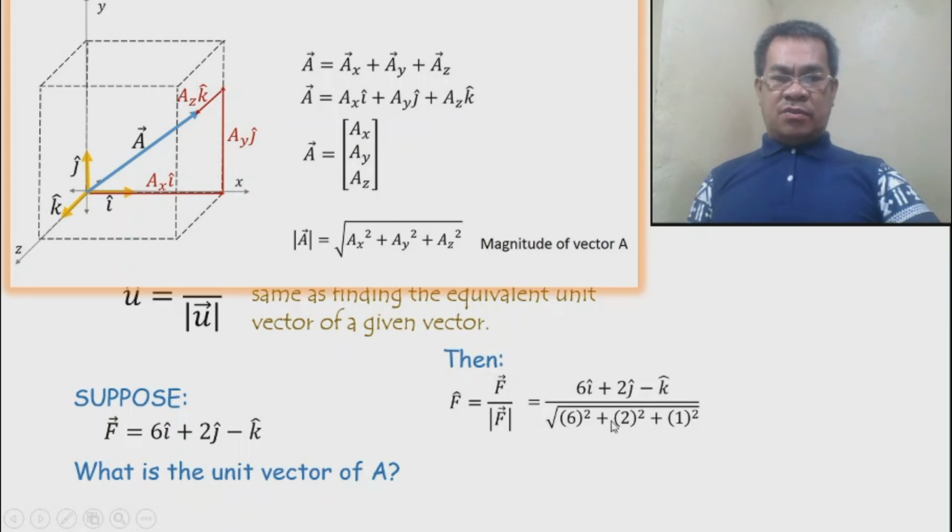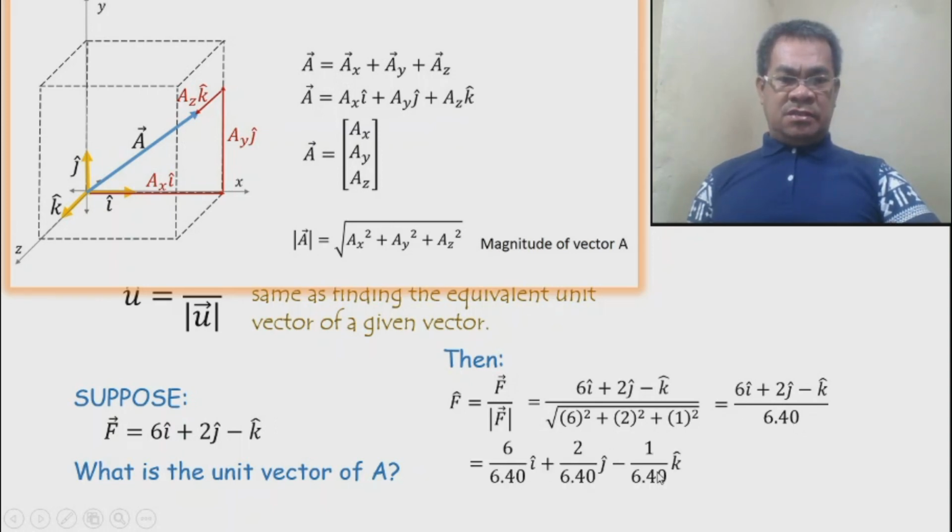So all you need to do is combine this into one denominator. This is 6.40. Then you have to share the denominator in order to separate the components of the unit vector. So this is 6 divided by 6.4, 2 over 6.4, then negative 1 over 6.4.